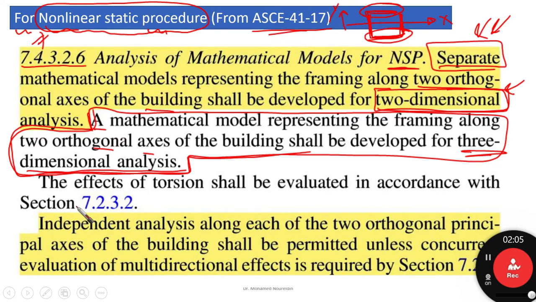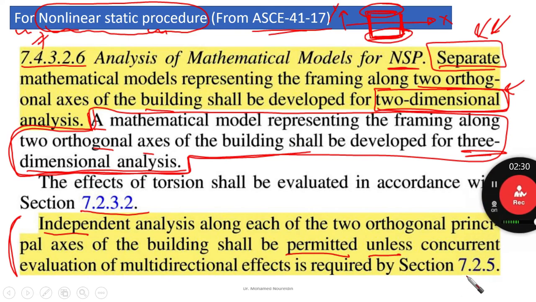Okay, the effects of torsion shall be evaluated in accordance with section 7.2.3.2. And independent analysis, this is an important comment here: independent analysis along each of two orthogonal principal axes of the building shall be permitted unless concurrent evaluation of multi-directional effects is required by section 7.2.5.